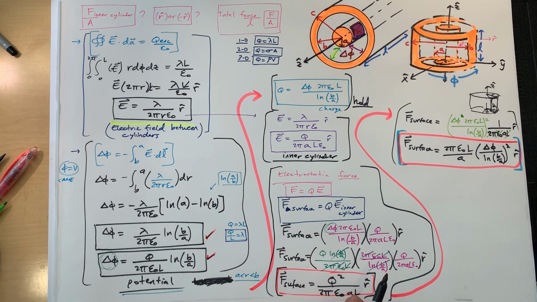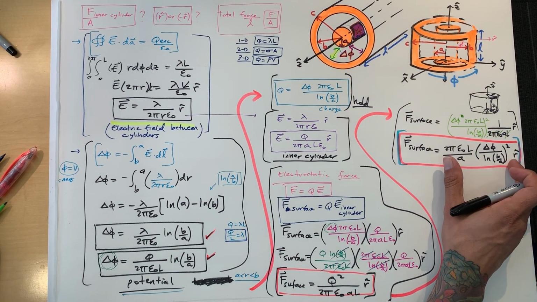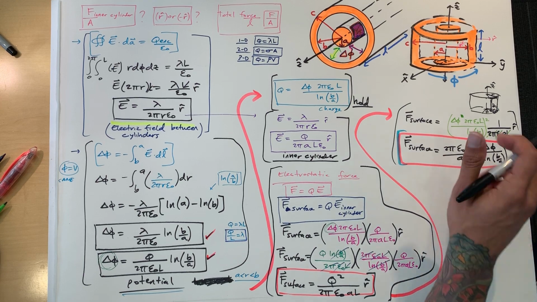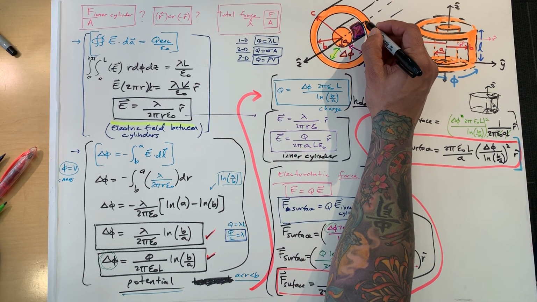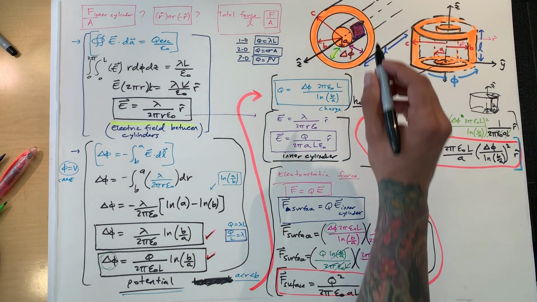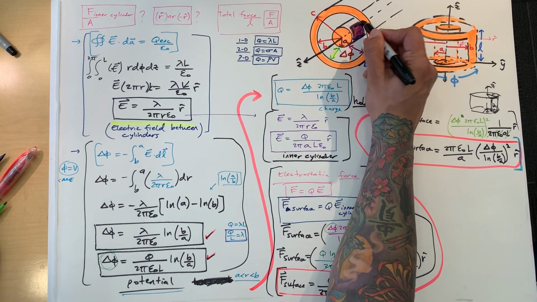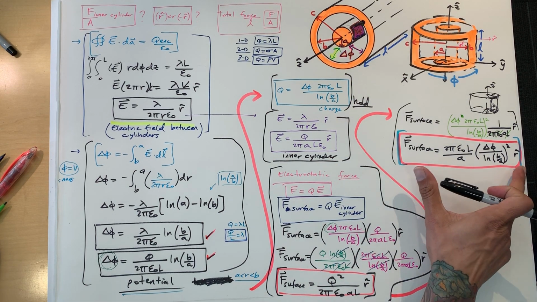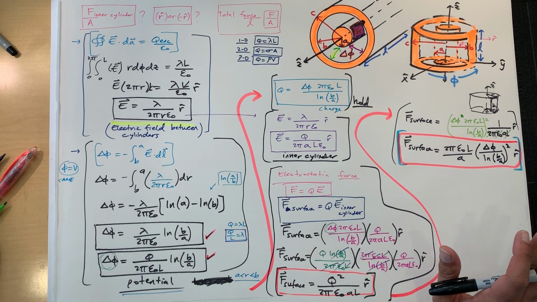In what direction are we heading? Outward, right? So this right here tells us the direction of the force on this surface. And so since it's positive, we're just going outward like that. I'll draw an arrow. And now let's solve for the total force on the complete surface.